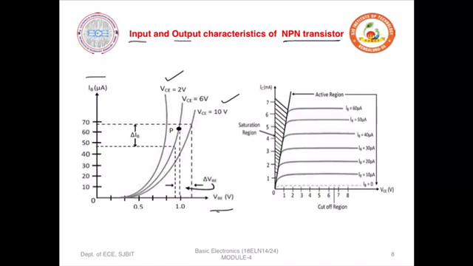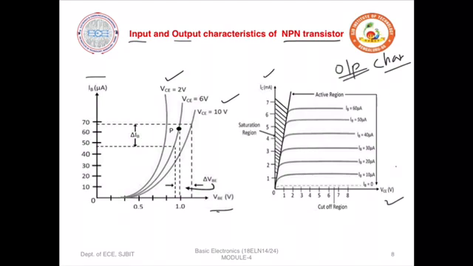Now there is one more characteristic displayed in the slide. This we call the output characteristic. In this output characteristic, VCE is plotted against IC. VCE is the collector to emitter voltage and IC is the collector current, which is in the order of milliamps.